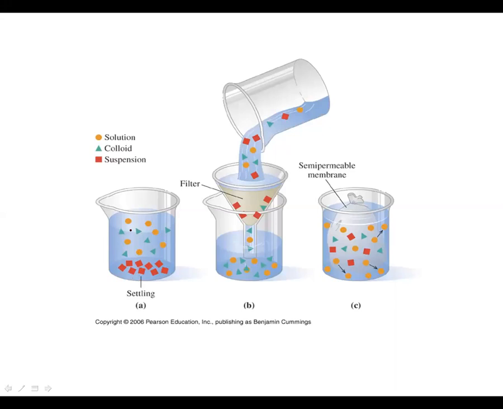A solution of colloids will float around. If you go to filter it, you can see that the solution and colloid will go through the filter paper, but those really large guys, the suspensions, get caught in it. And this is something like a dialysis bag or a membrane, allowing solution molecules of small size to flow in and out.